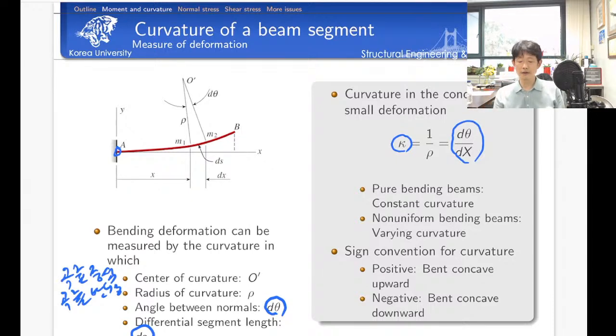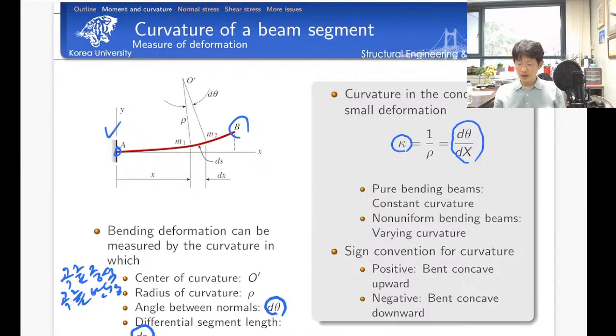That's why the curvature should be equal to 0 here too. But if you look here, this is the free end. Although the angle is non-zero, there's no change of angle. The angle is still the same because this is a free end. So the curvature is still equal to 0 at these two points.